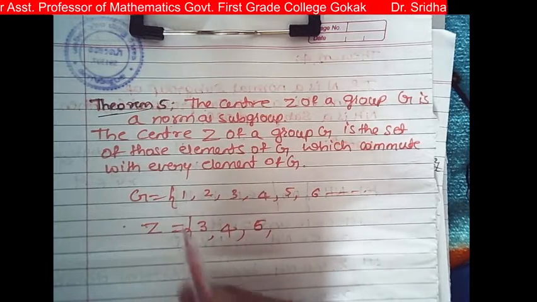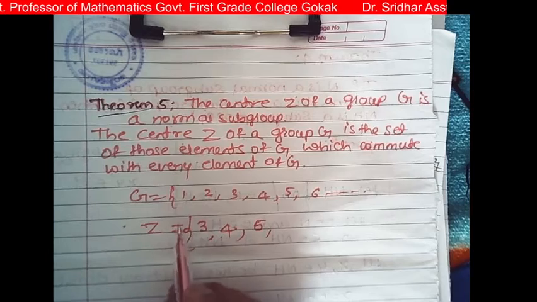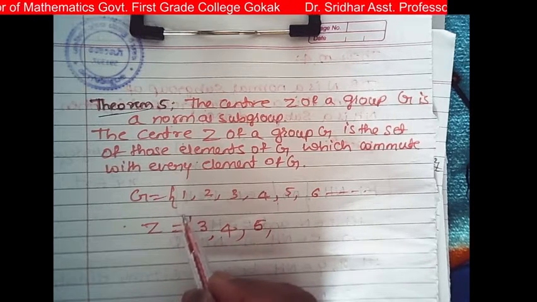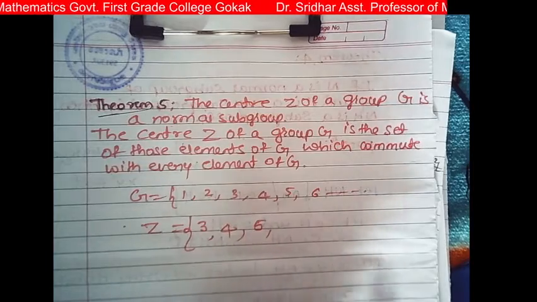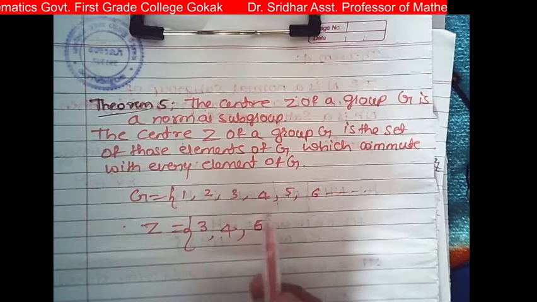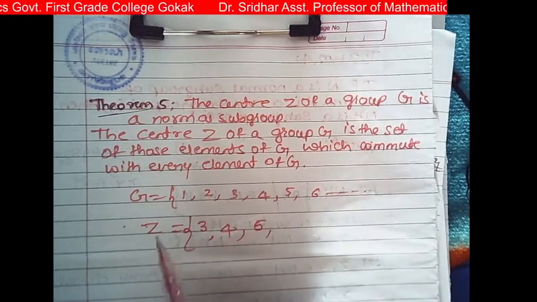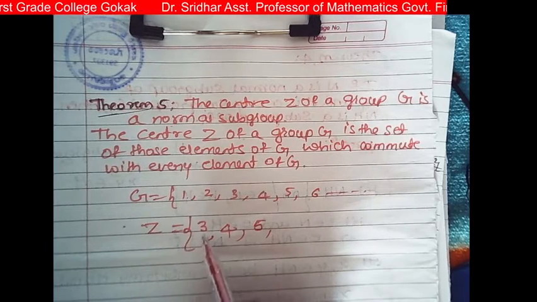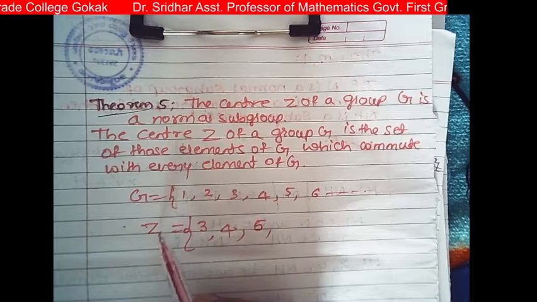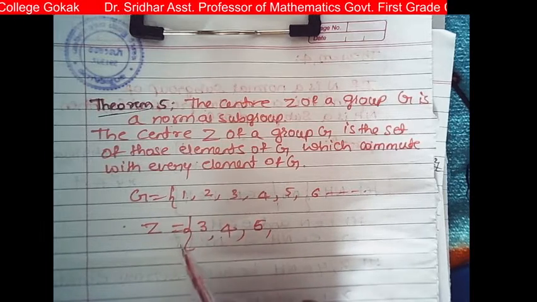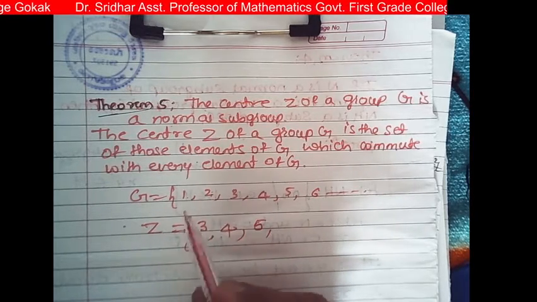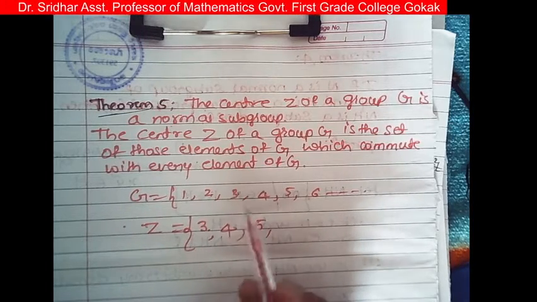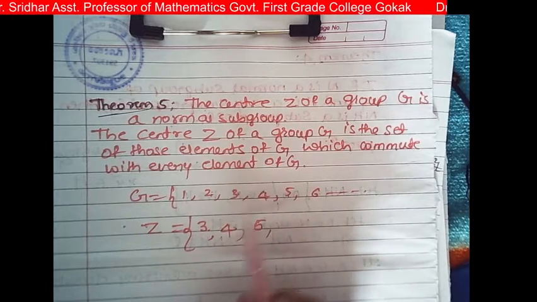So like that, if you consider one element, say 3, it should commute with every element of G. So 3 into 1 is equal to 1 into 3, then 3 comes under this group. Then again 3 into 2 and 2 into 3 are both equal, so again 3 comes under this. 3 into 3 and 3 into 3 are the same. 3 into 4 and 4 into 3 are the same.